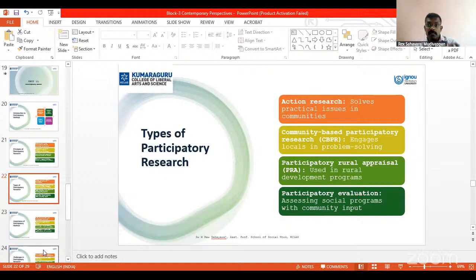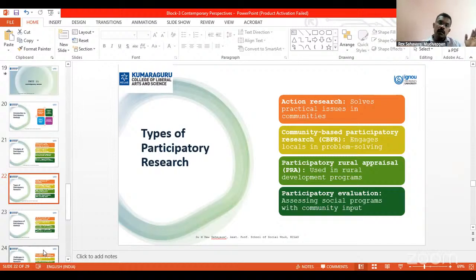So participatory rural appraisal means it is a rural appraisal and it is participatory, meaning the people in this particular community participate in the appraisal process. They do the assessment of the problems, and not only the problems but the good things in the community, right?